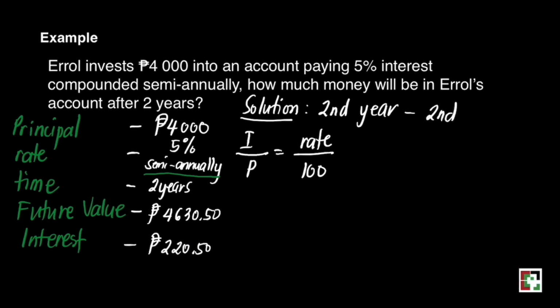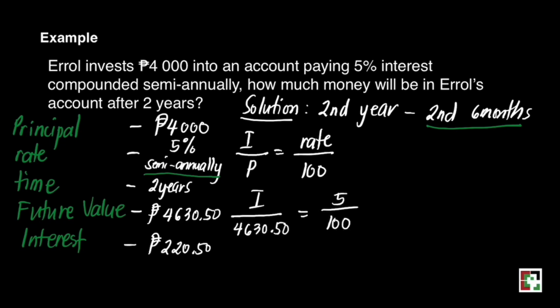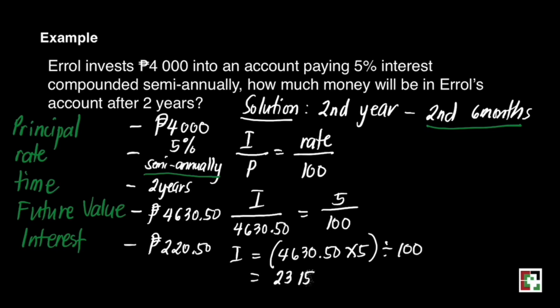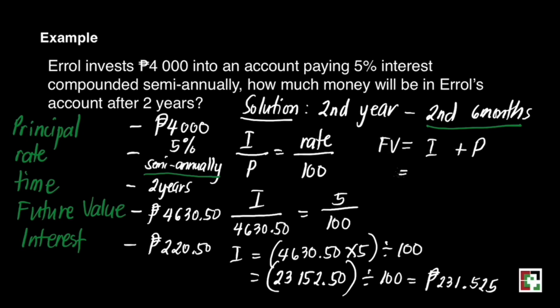Then we'll have the last one. Let's have now the second 6 months of the second year. Let's just substitute. That is I over 4,630 pesos and 50 centavos is equal to 5 over 100. 23,152 pesos and 50 centavos divided by 100, and our interest will be 231 pesos and 525 centavos. If you notice, we have a 3-digit number.